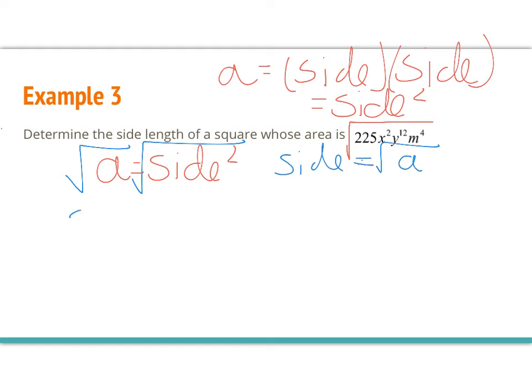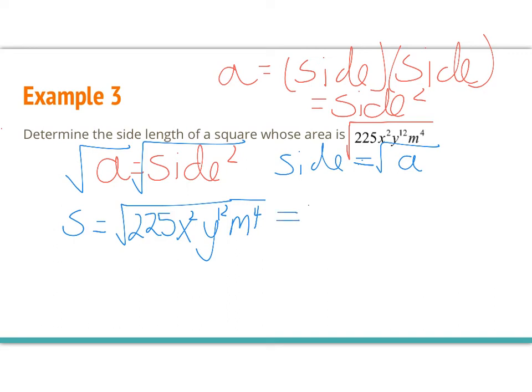So the side length is equal to the square root of 225 x squared y to the 12 m to the 4. Square rooting the number, the square root of 225 is 15. Now we have a bunch of variables we need to work with. x times x is x squared.